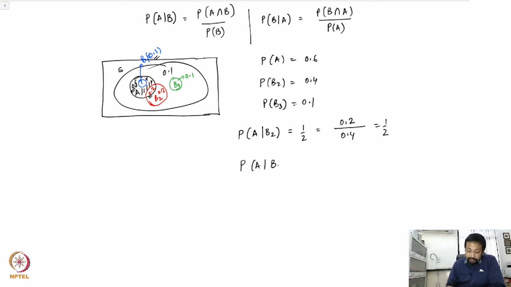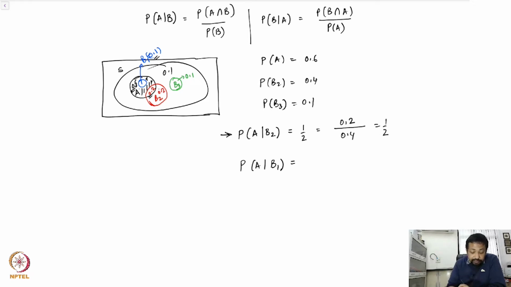Probability of A given that B1 has happened is essentially, if you look at this Euler diagram, then you see every time B1 has happened, A has happened. Unlike the first case when you looked at B2, not always when B2 has happened, A has happened.